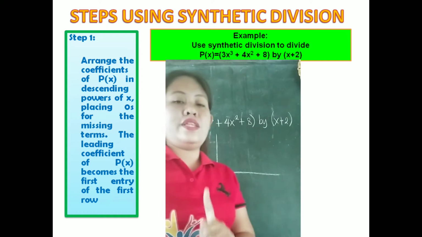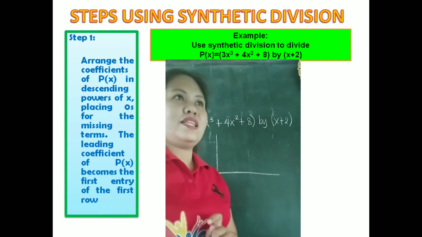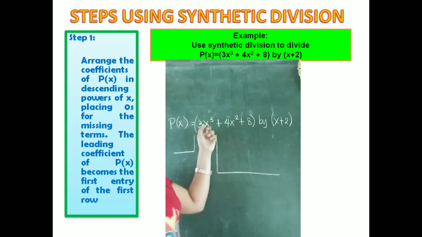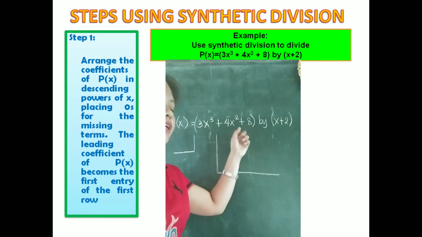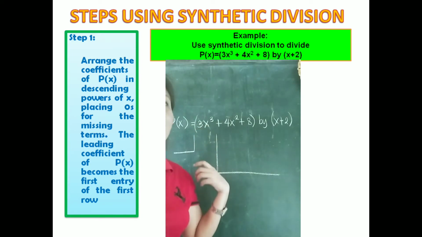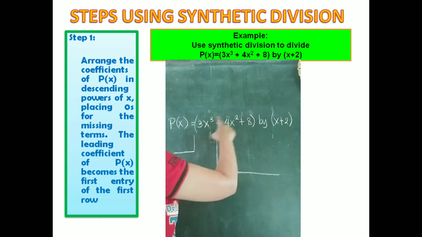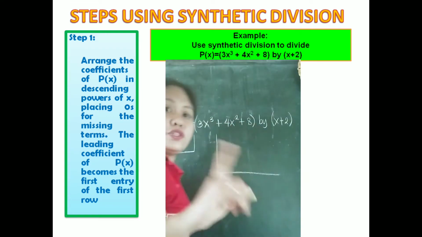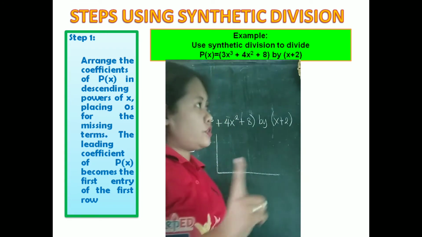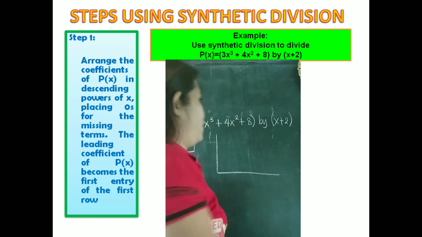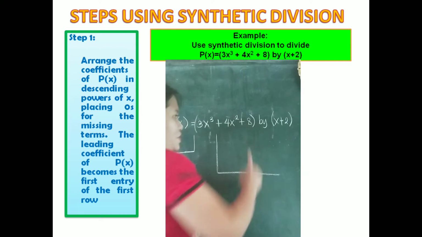Okay, take note that in doing synthetic division, first we check if the dividend and the divisor are already written in descending powers. So, check: 3, 2, there's no 1. Again, there's no x raised to 1, meaning you are going to replace it with 0. And then plus 8, which is your constant.